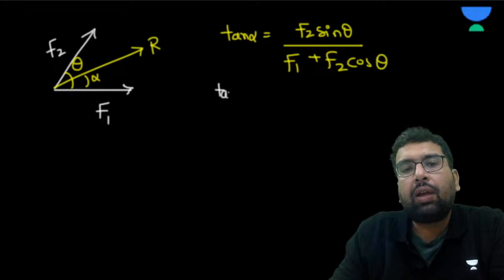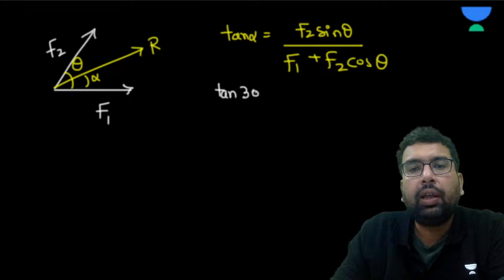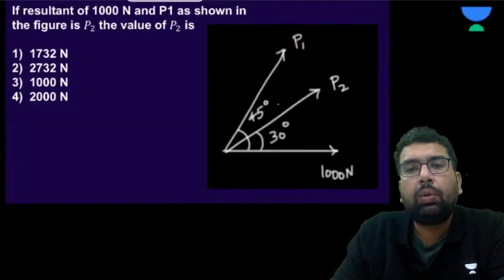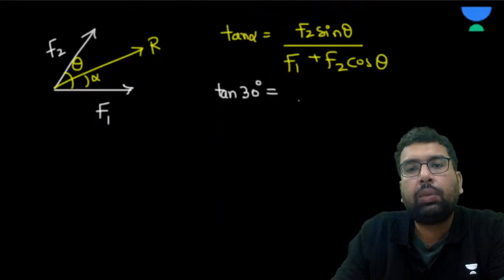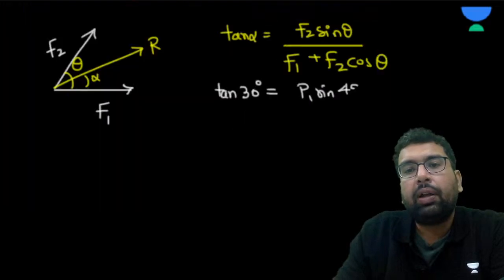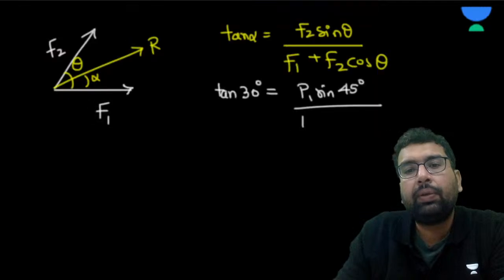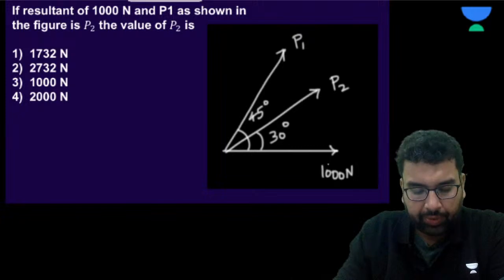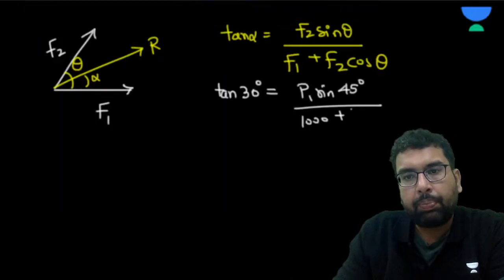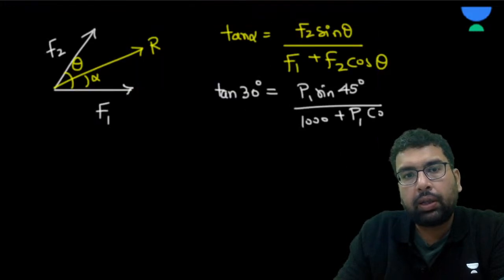So alpha in this question, the resultant is at an angle of 30 degrees. So tan 30 is going to be, F2 is P1 here, and theta is the angle between these two vectors, that is 45, divided by F1, which in this case is 1000, plus P1 cos theta, that is cos 45.